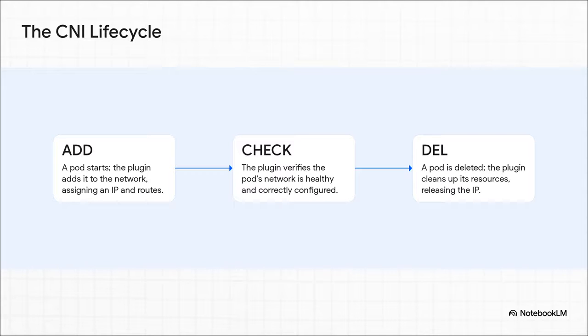The plugin does its magic, sets up the network, gives it an IP. Later on, Kubernetes might ask it to check if everything's still okay. And then, when the pod gets deleted, a del command tells the plugin to clean everything up, release the IP, tear down the interfaces. It's a simple, predictable lifecycle that keeps things incredibly tidy.